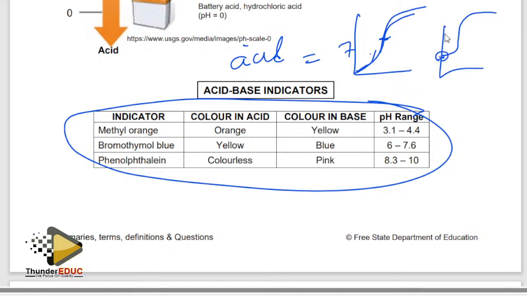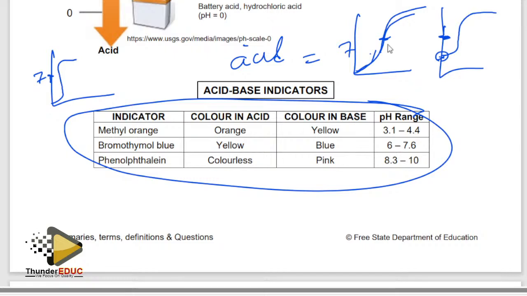You see, if this is the pH, and then when it comes like this, it's a strong acid, weak base. Like if this is 7, you see that the upper part is shorter. You understand? So this one means it's a strong acid, weak base.